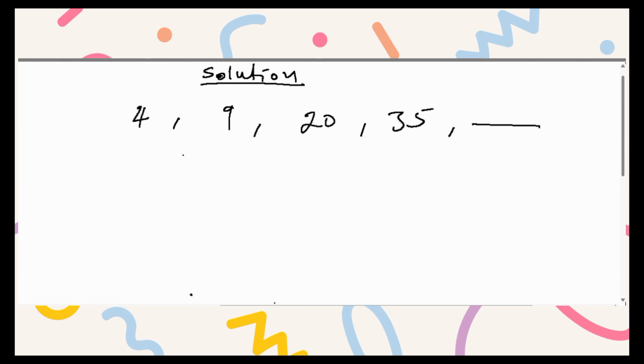Now let us consider that maybe we multiply each term by 2 to get the next term. 4 by 2 is 8, not 9, and 9 by 2 is 18, not 20.